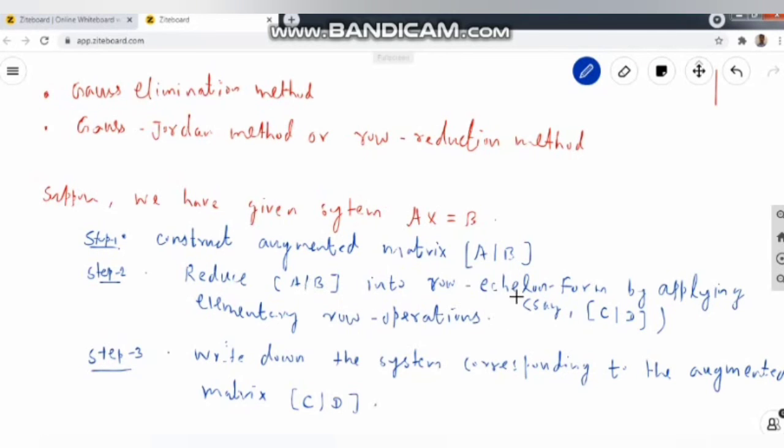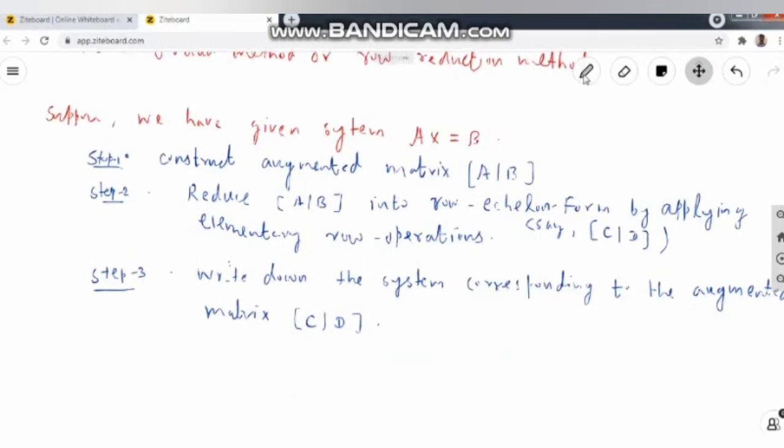That means if we want to solve the given system of linear equations, Ax equal to b, we just solve the system corresponding to the augmentation matrix C augmentation bar D. That means solve the system Cx equal to D using back substitution. This is actually our last step.